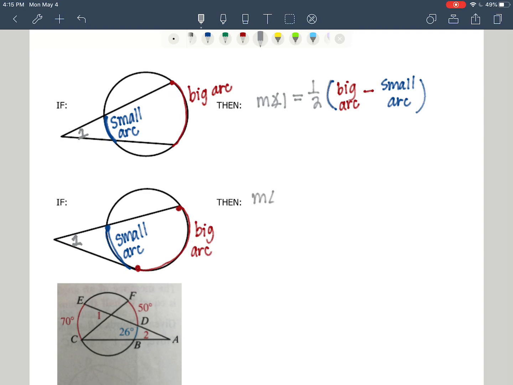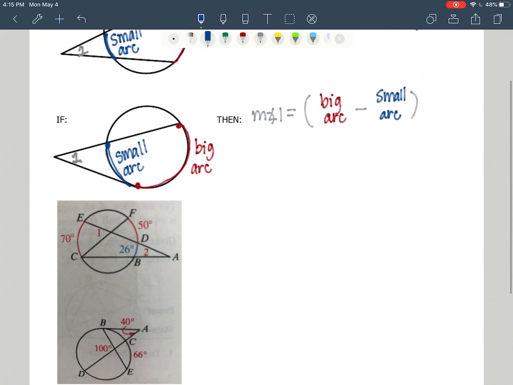And the measure of angle 1 is going to equal the difference between the big arc minus the small arc. So same formula. It's amazing. Same formula.